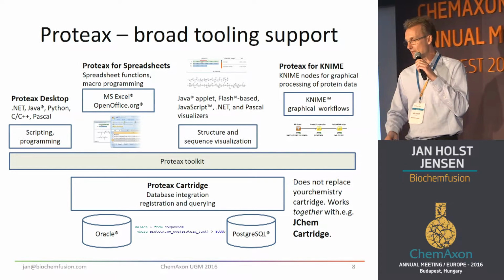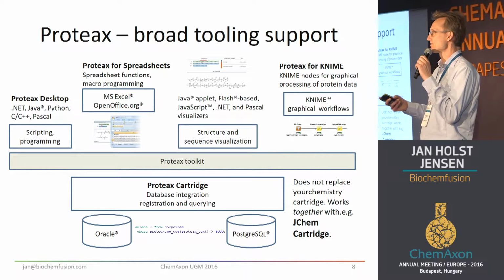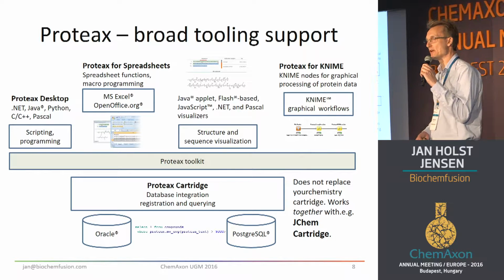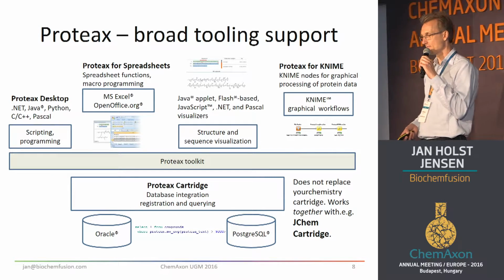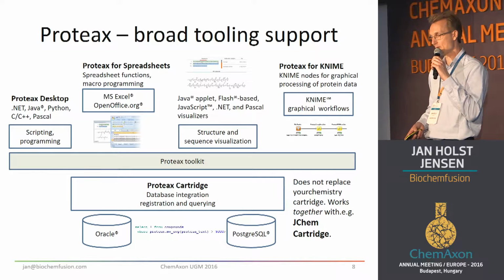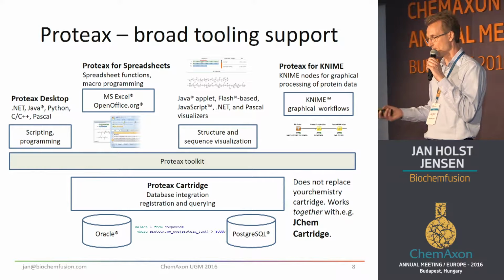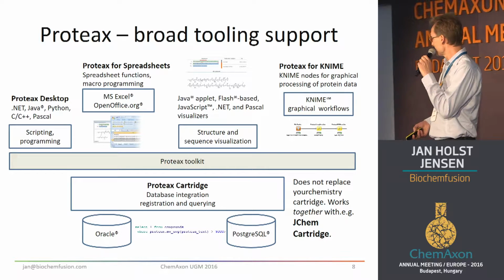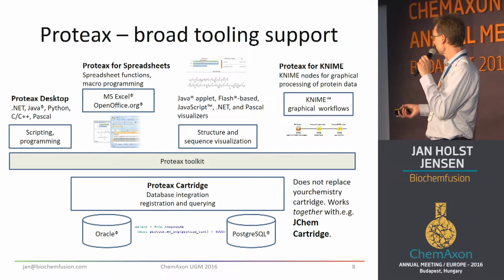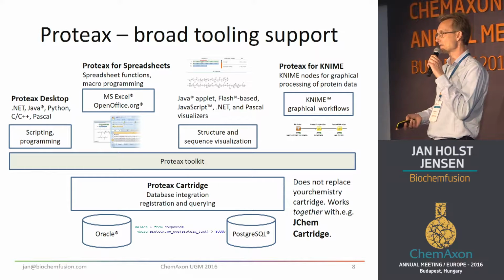The reason we could build this is because we've been at this since 2007, and we actually have quite broad tooling support now. In this system, we build the registration system heavily on the cartridge. So there's a database integration that runs both in Oracle and in Postgres.